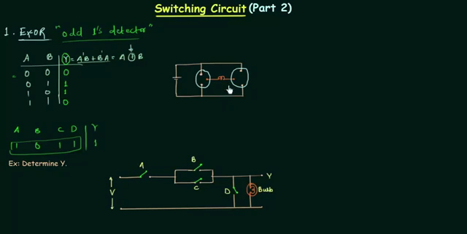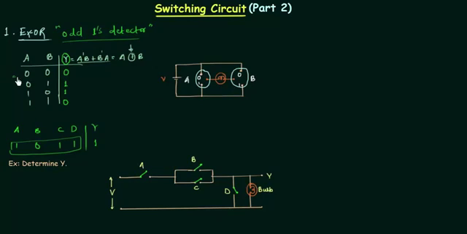To implement XOR gate, we will use bidirectional switches. These two switches that we are using are bidirectional switches. This is A, this one is B, this is 0, this is 1.